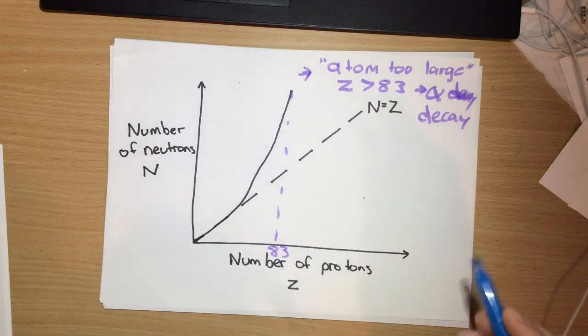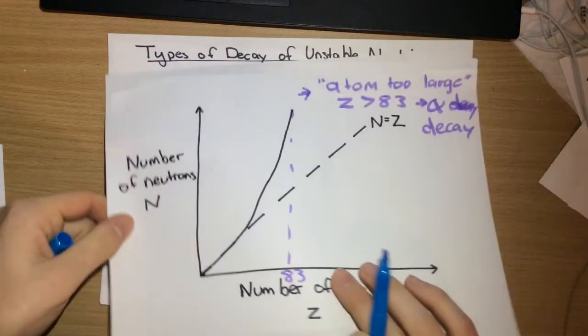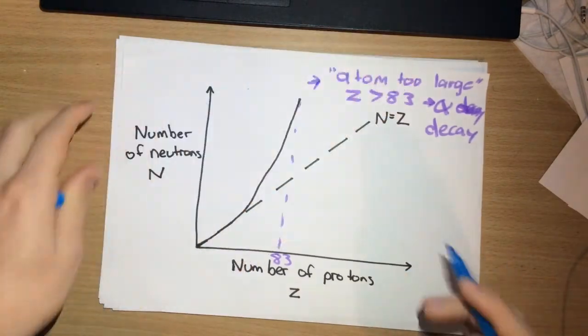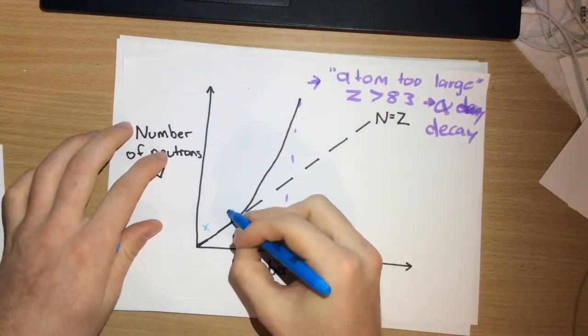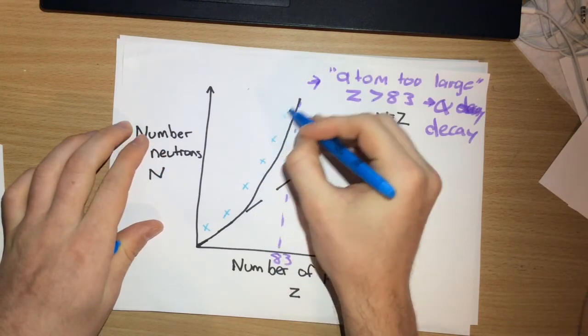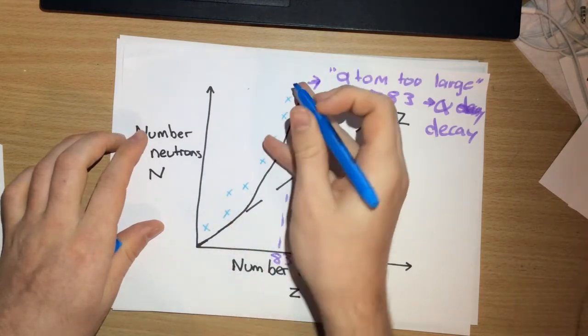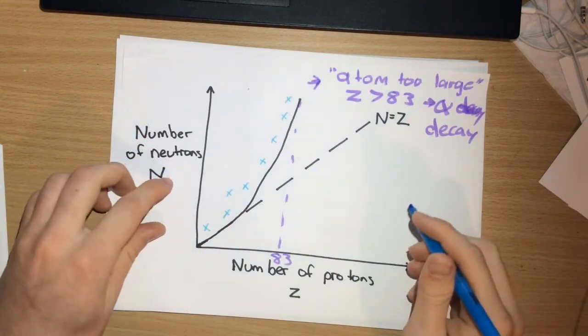The next emission we looked at was beta minus decay. Beta minus decay occurs in this area of the graph. So if we've got an atom that has too many neutrons, it lies here, above that stable line.